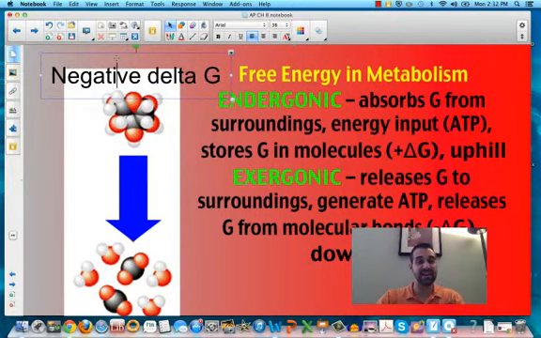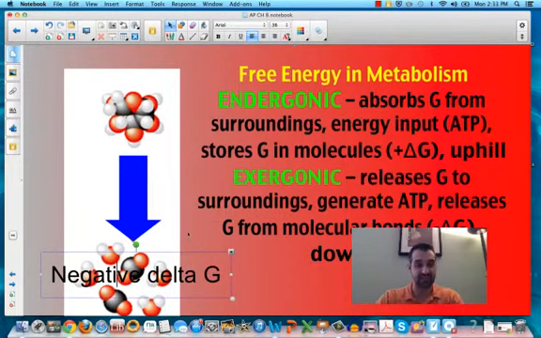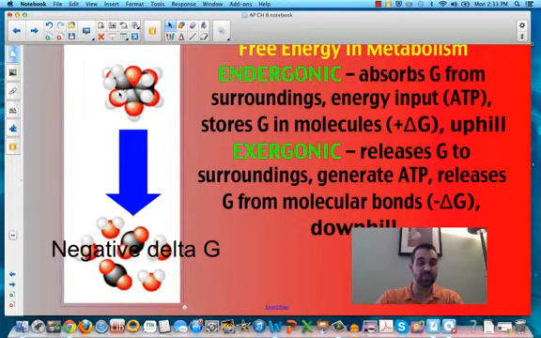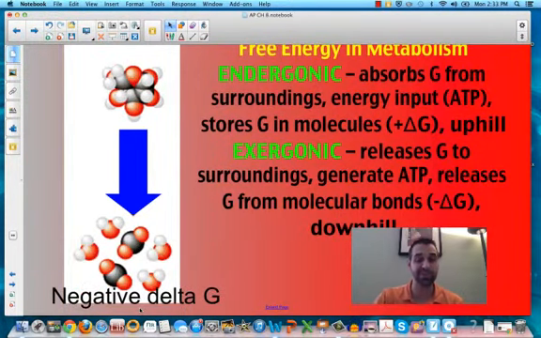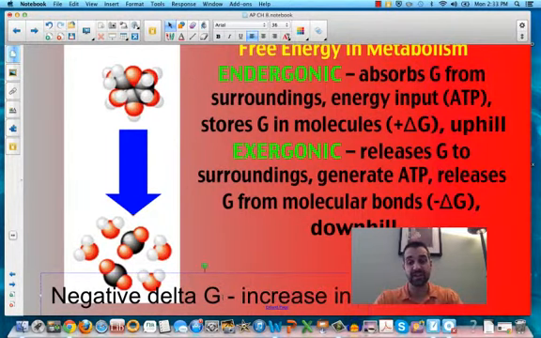So there's going to be a negative delta G at the end of this reaction. And I think it also makes sense that you can see that there's one molecule of glucose up top, and there's 12 molecules seemingly down here, which indicates the idea of the uphill, downhill.